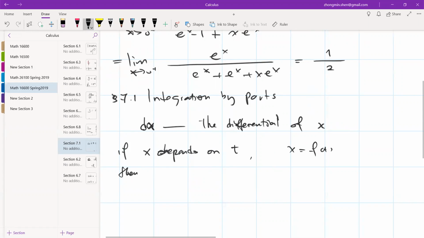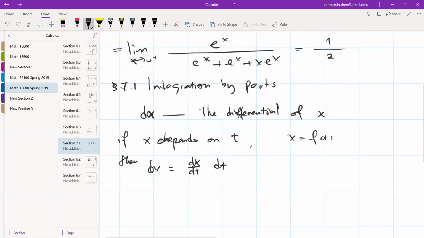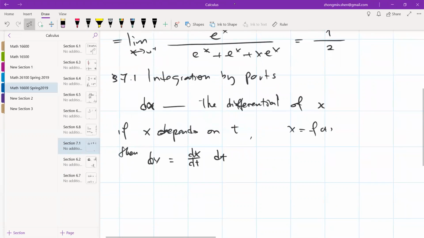Then you have a dx and you have a dt, because both are variables, so we can talk about differentials of the variables. Then they are related by this formula. This is about differential, just a quick review. So the differential of x and the differential of t are related by this. So this is dx.